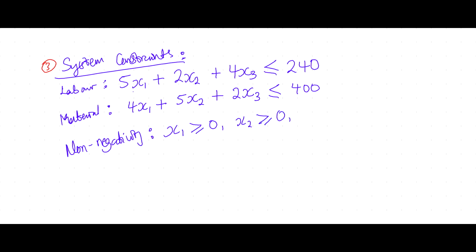Then x3 is also 0 or greater than 0. Now, what this one means is that we are telling the system that when we solve the problem, we don't want to obtain any negative value. Remember, x1, x2, x3 are being represented by xi. So we can say that xi should be greater than or equal to 0.